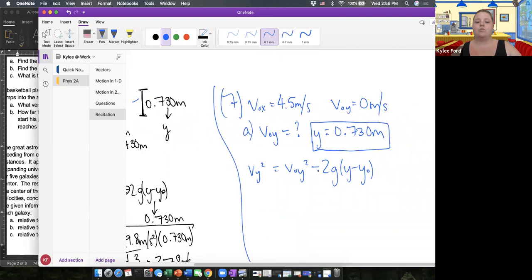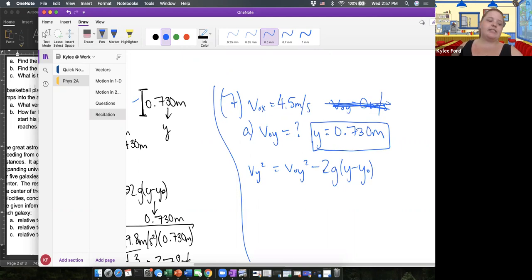So we want to know what our initial velocity in the Y direction needs to be. I guess we don't really know that it is 0 to start with. We need to know what velocity this guy needs to have in order to get this high in the air to jump.